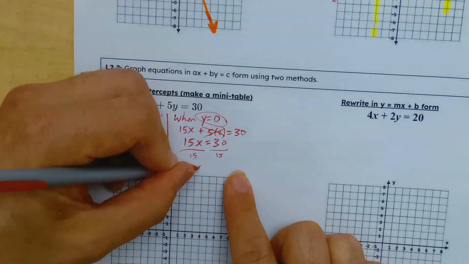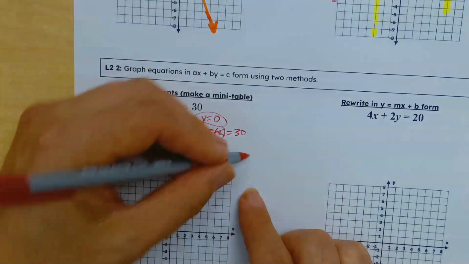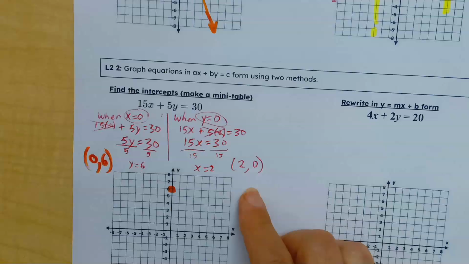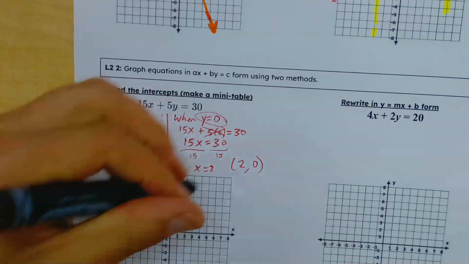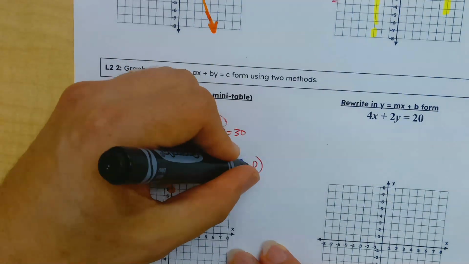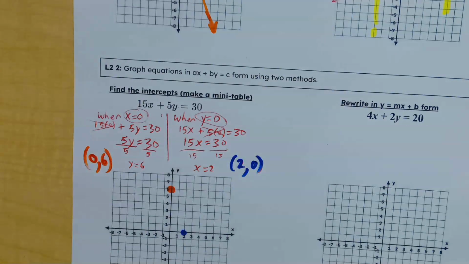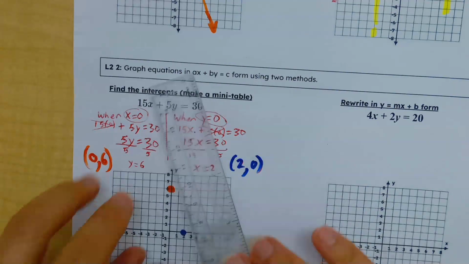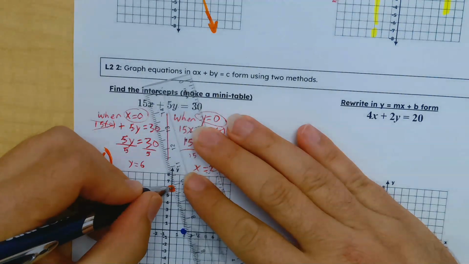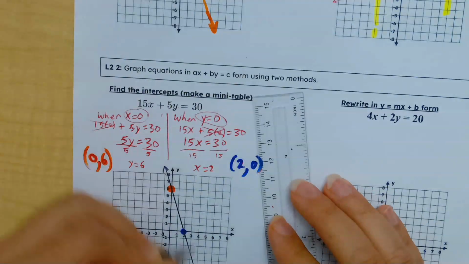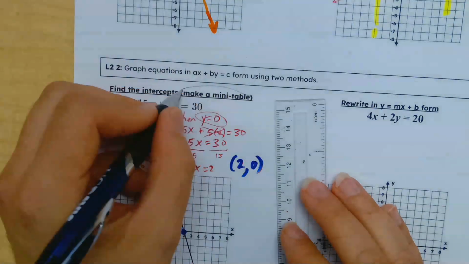And then I have x equals 2. So now I've got the coordinate 2, 0. And so now I can plot that point, 2, 0, and it goes right there. And now I can draw my line connecting the two dots. And that's what it means by making a mini table.